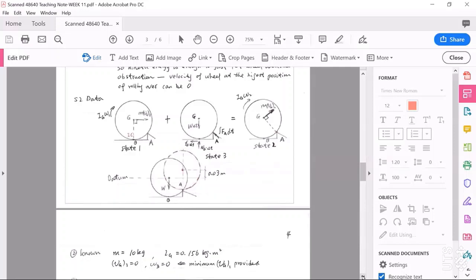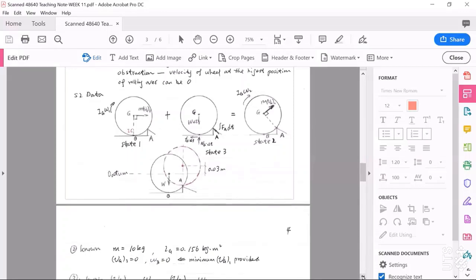We have already known the mass of this wheel, 10 kilograms, and the moment of inertia of this wheel about its mass center point G. And we know in state 3, the velocity of this wheel is 0, Vg3 is 0, omega 3 is 0.